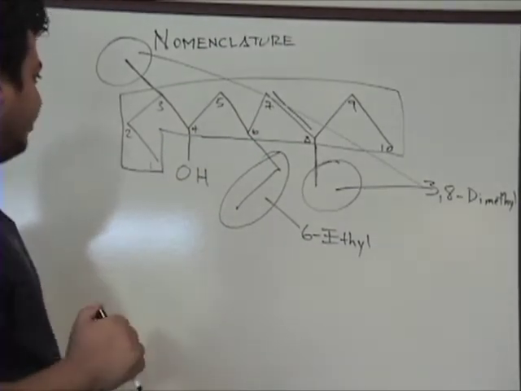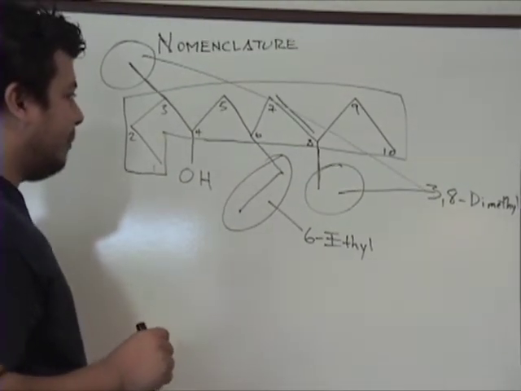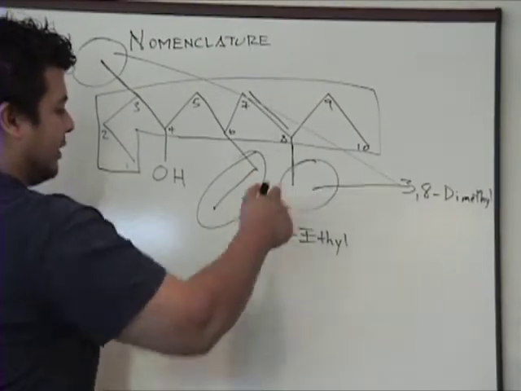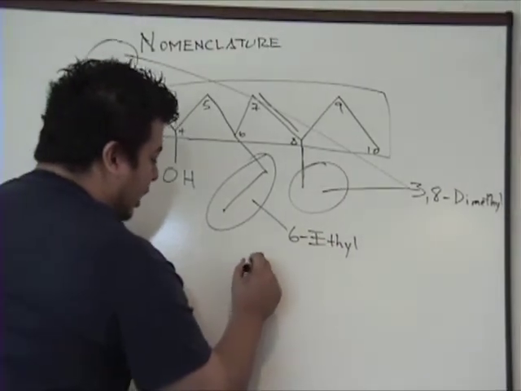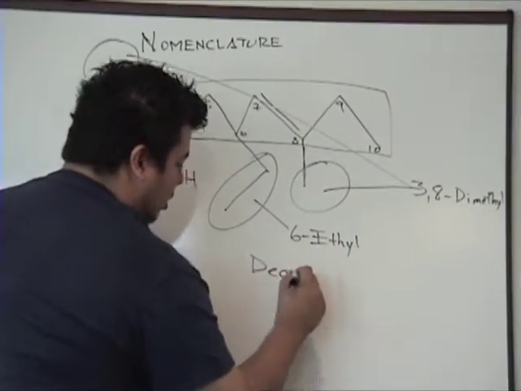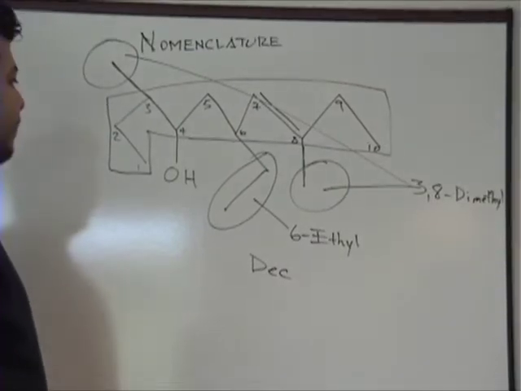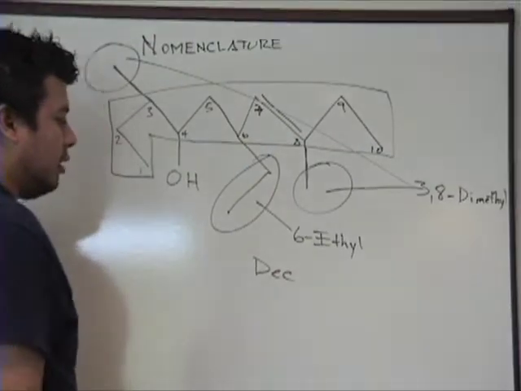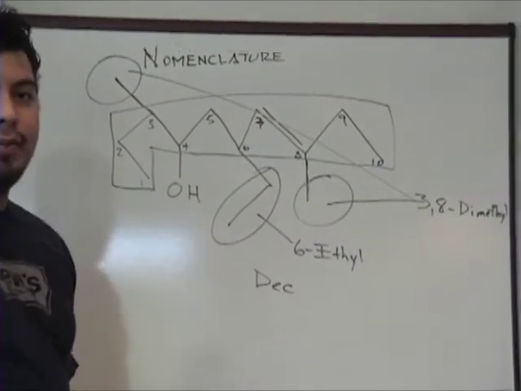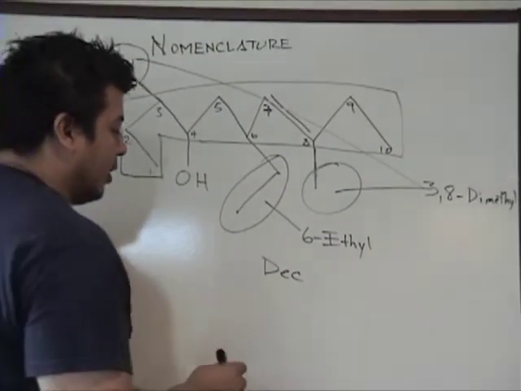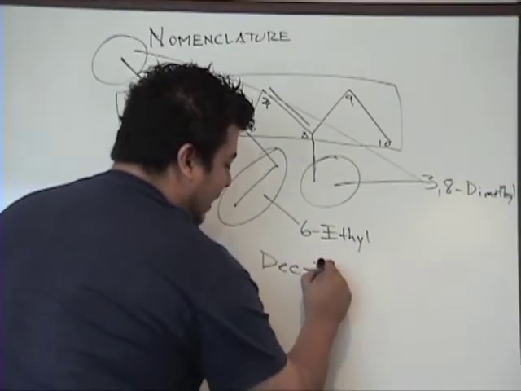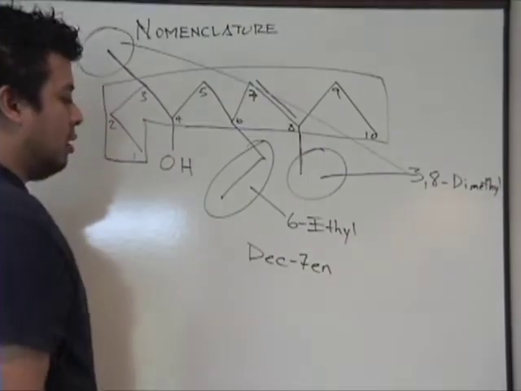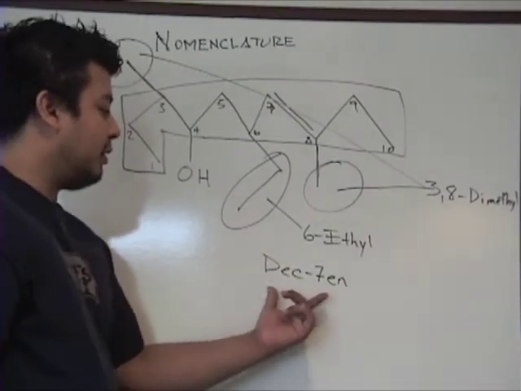Now my parent chain. The way I'm going to name this is, I know there's 10, so I'm going to say dec. Now, in carbon 7, there is a double bond, so I have to name that. So I'm going to say dec 7 en, right there I just said 10 carbons.